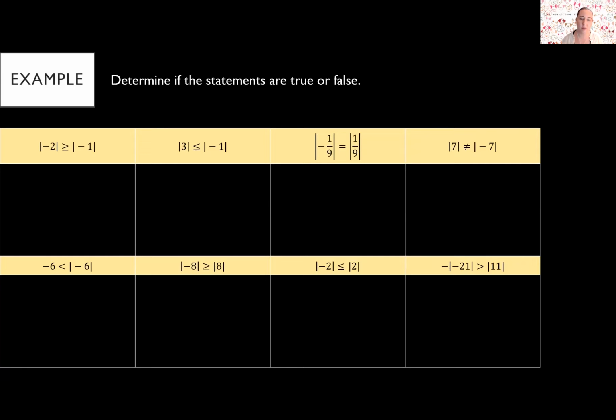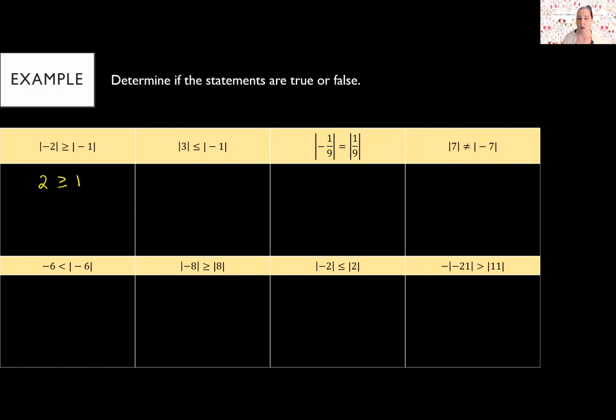So first example on the left, I have the absolute value of -2 is greater than or equal to the absolute value of -1. We're going to take the absolute value, and this would be equivalent to saying is 2 greater than or equal to 1, because those absolute values make these things positive.